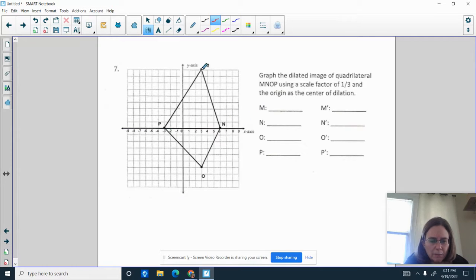So point M is 4, 5, 6, 7, 8, 9. Okay, there's 9. I just didn't know how many. Okay, so we'll do point M first. So I always do my X over 3, up 9. So point M is 3, 9.